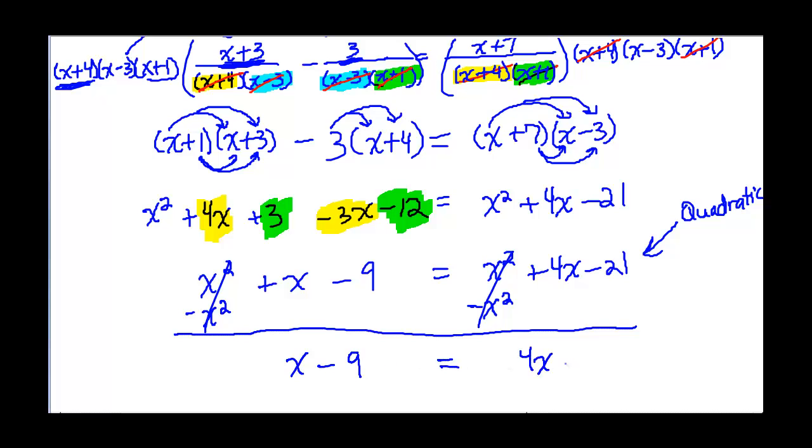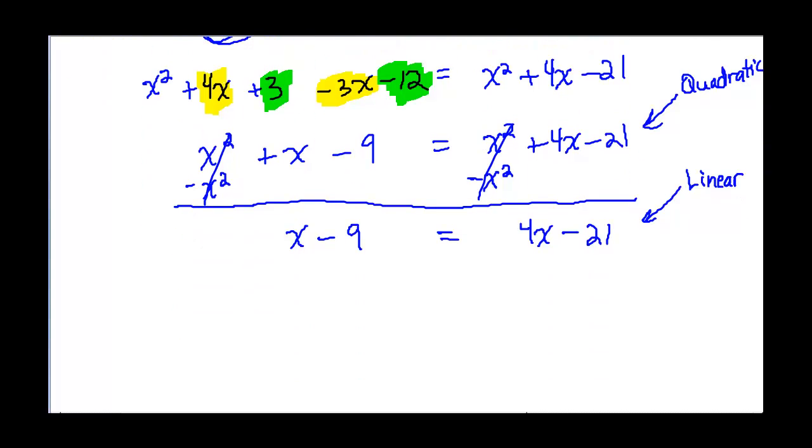All right, anytime you have the same exact thing with the same exact sign on both sides of your equation, they basically cancel. All right, so now I have a linear equation, and so if I want to solve that, I've got to get my variable terms on one side, my constant terms on the other. So first, I'm going to subtract x from both sides.